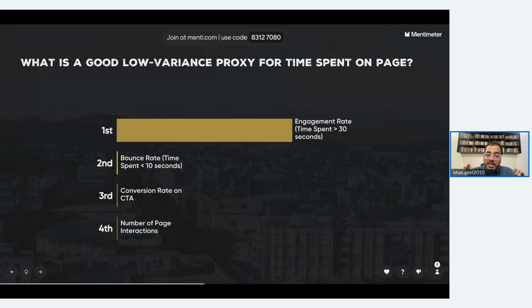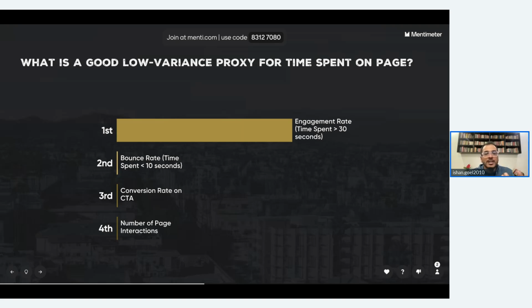Bounce rate does the same thing, but in the opposite direction. So bounce rate is qualitatively similar. It will be low variance and directly related to engagement rate, but opposite, so it is the inverse of time spent on page. Conversion rate on CTA will be much less sensitive, and it will not be exactly a good proxy.